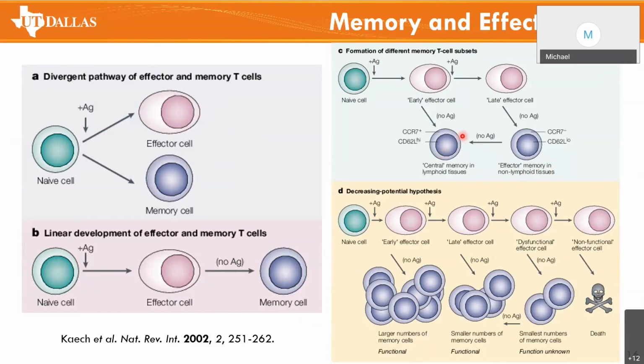To distinguish the two, we look at CCR7 and CD62L. Central memory cells tend to reside in lymphoid tissues. And effector memory cells, which are CCR7 negative and CD62L low, tend to reside in the site where the infection began and are able to circulate in the bloodstream.